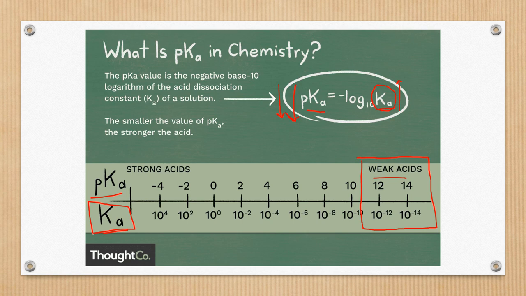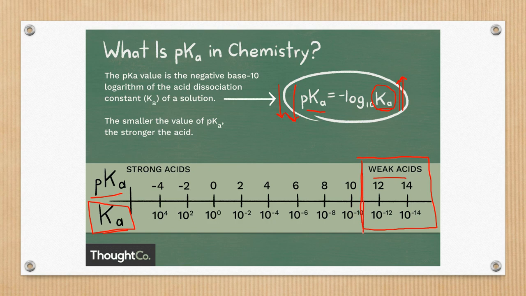Okay guys, so what I have told you is how pKa and Ka relate to weak and strong acids. Ka is higher for a strong acid. What is Ka? The dissociation constant. So the higher the dissociation constant, the stronger the acid. But pKa is related to Ka by minus log of Ka. That means the higher the value of Ka, the lower the value of pKa.